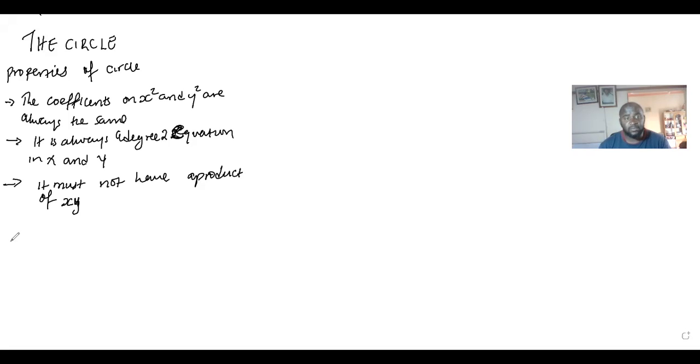Sometimes they can give you examples on loci that form circles.